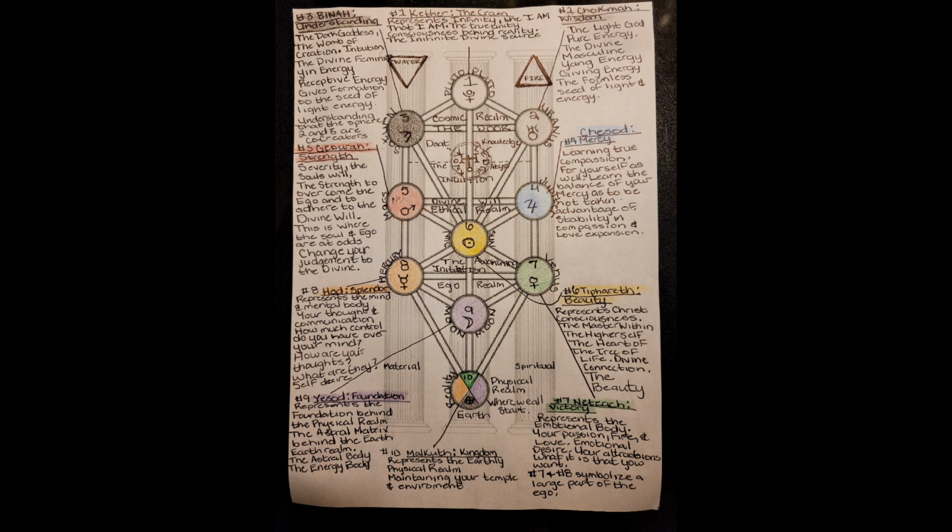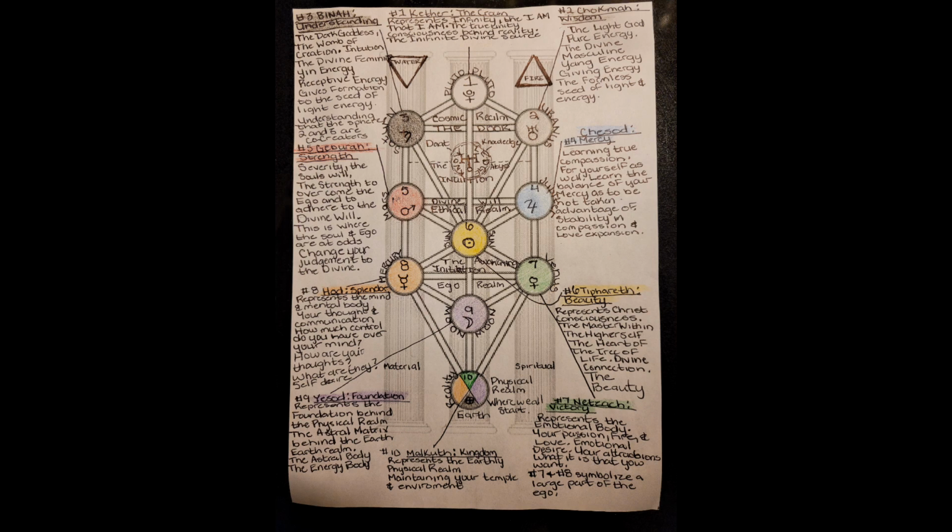Now, moving on to the 4th sphere, its shade is blue, and it's represented by the planet Jupiter. The name of this sphere is Chesed, and it's translated to mercy. What it represents is learning true compassion for yourself as well as others. Learning to balance your mercy so as not to be taken advantage of, but to still maintain compassion.